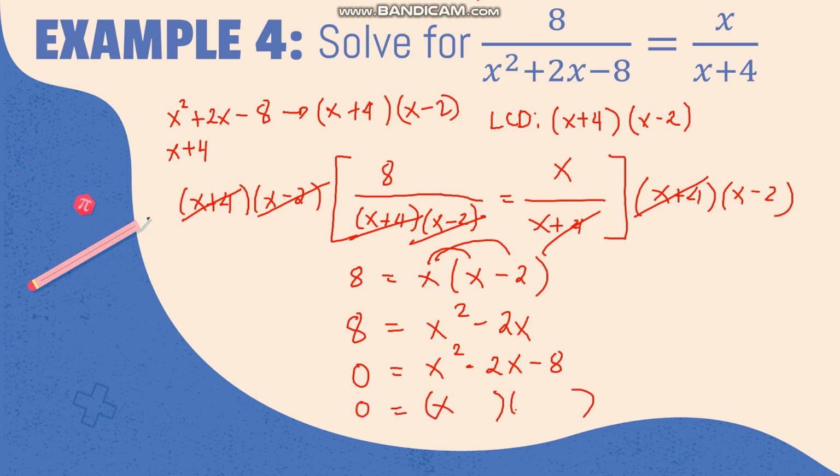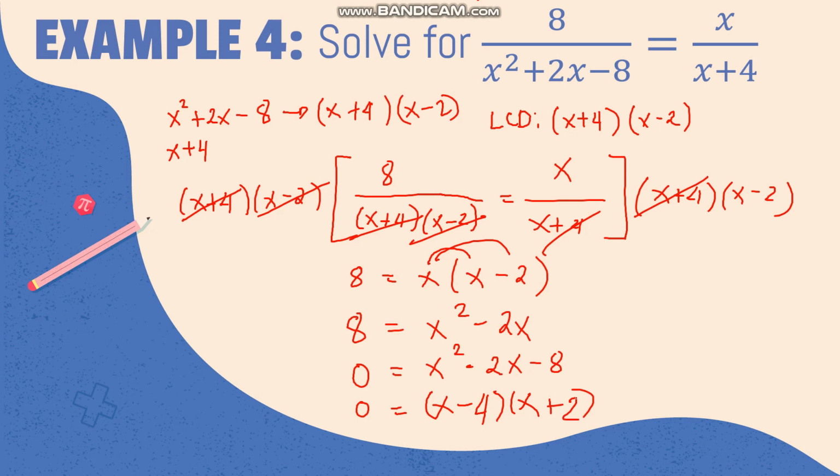So we have x here. Now the factors of negative 8, we have 4 and 2, but this time 4 is negative and 2 is positive. So negative 4 times positive 2 is negative 8. Negative 4 plus 2, we will get negative 2.